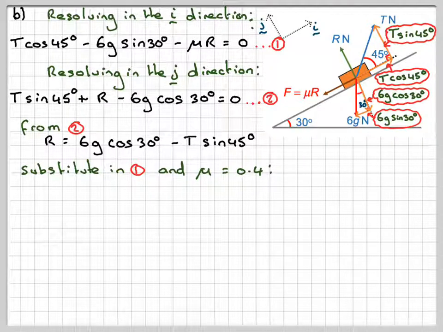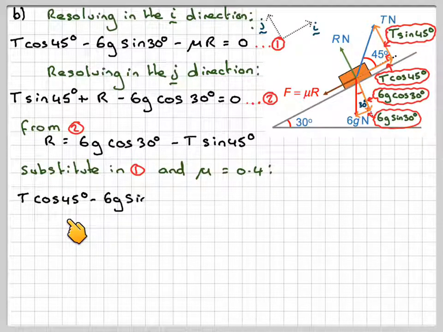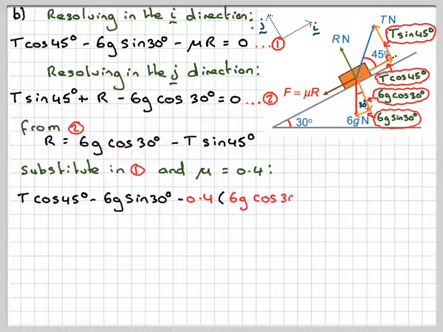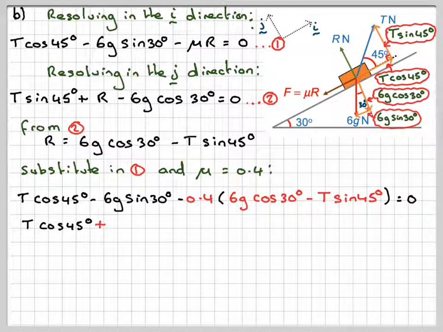We just need to be a bit careful here. So T cos 45 minus 6g sine 30, which is what we had up here, minus 0.4 times all of this, which is 6g cos 30 minus T sine 45. Now if we collect all the terms with T on one side and expand the bracket, that's also equal to 0, don't forget. So it's T cos 45.